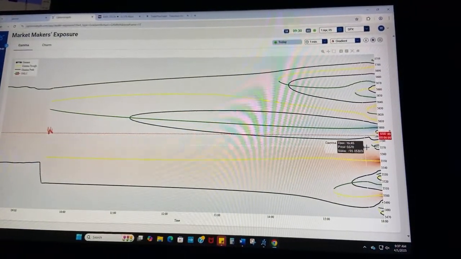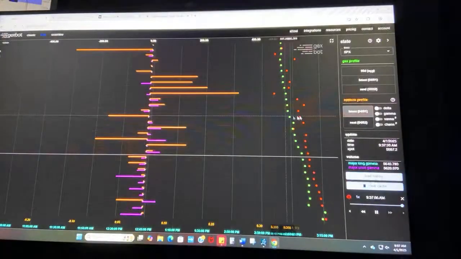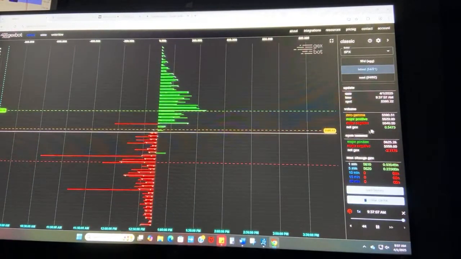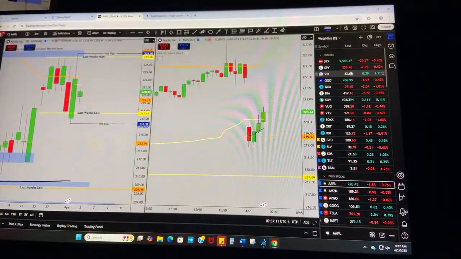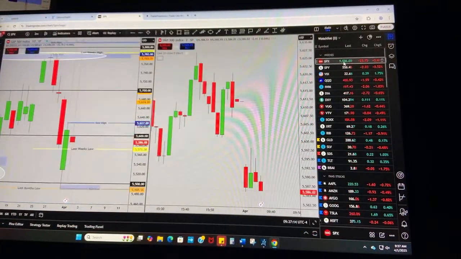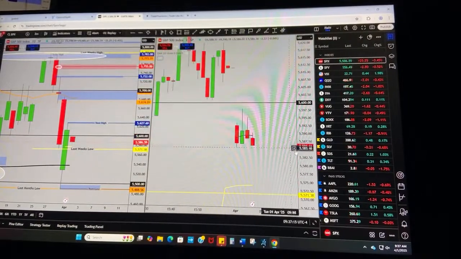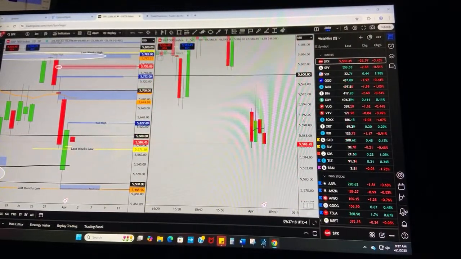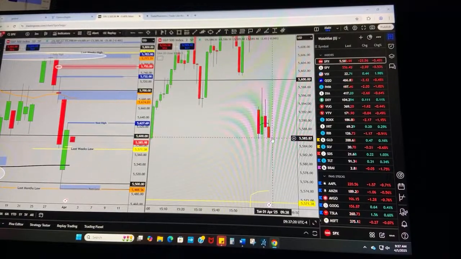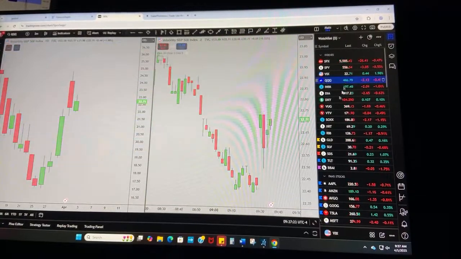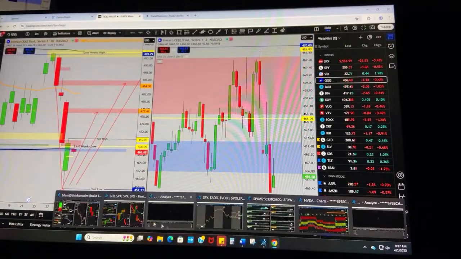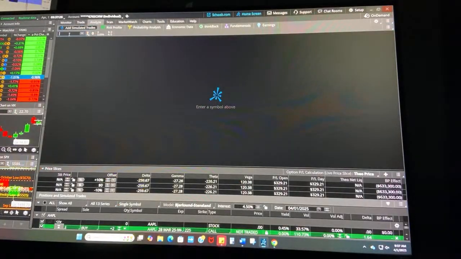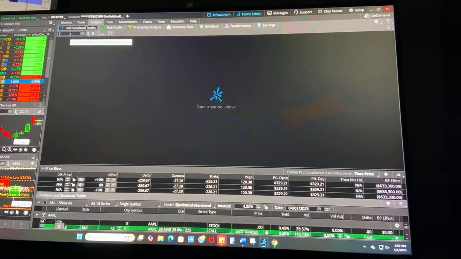All right, really, there's nothing to stop this price lower. GEX is negative here. SPX breaking down a little bit here. So you try to work on some SPY puts, QQQ puts. SPY, so I'm going to get SPX here, I'll have SPX.